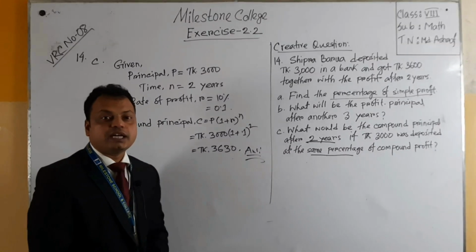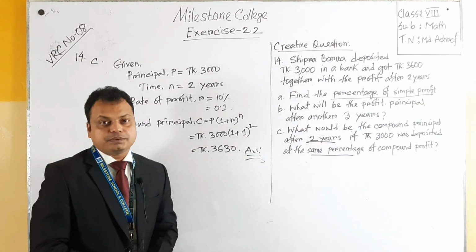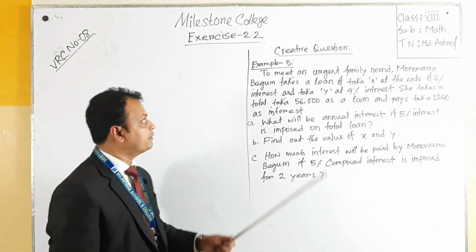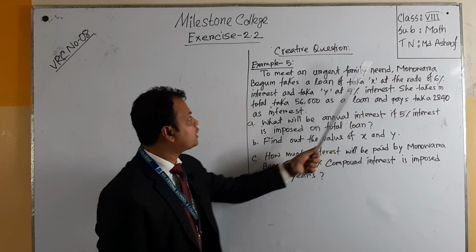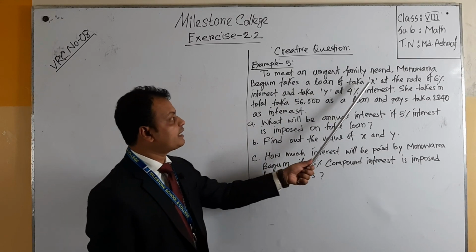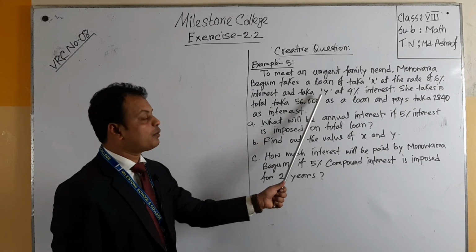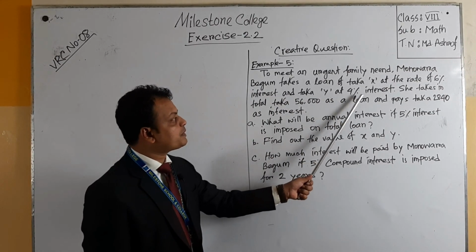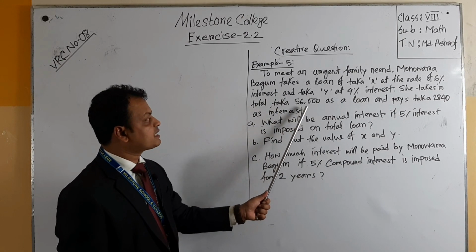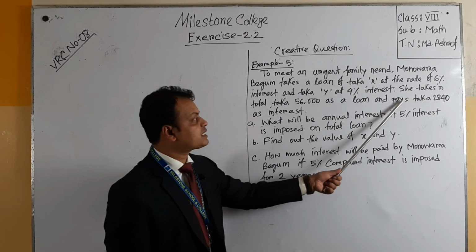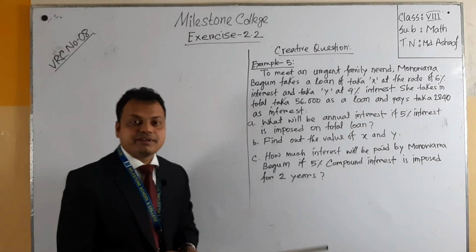Next, we will solve another creative question, example 5. Read the question. To meet an urgent family need, Monwara Begum takes a loan of Taka X at the rate of 6% interest and Taka Y at 4% interest. She takes in total Taka 56,000 as a loan and pays Taka 2,840 as interest. So this is the given step.